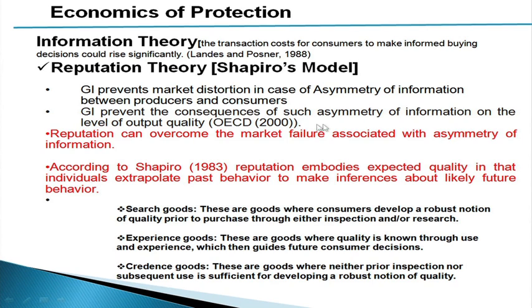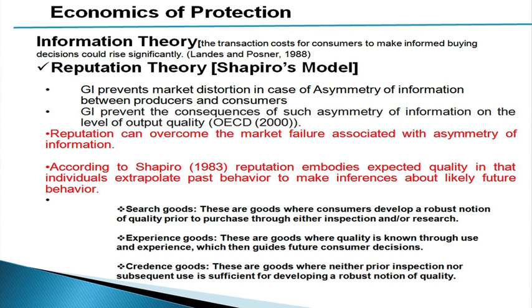Reputation can overcome the market failure associated with the asymmetry of information. According to Shapiro, reputation embodies expected quality, in that individuals extrapolate past behavior to make inferences about likely future behavior. That is Shapiro, and I can try to create a model on that part. So, that is reputation theory and information theory of economists, just a brief reference.